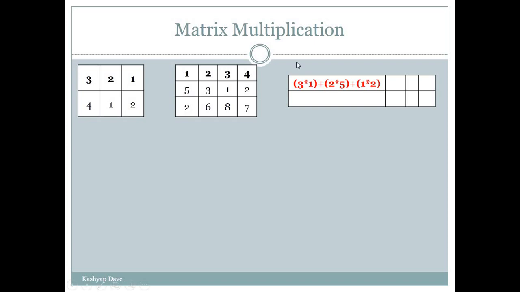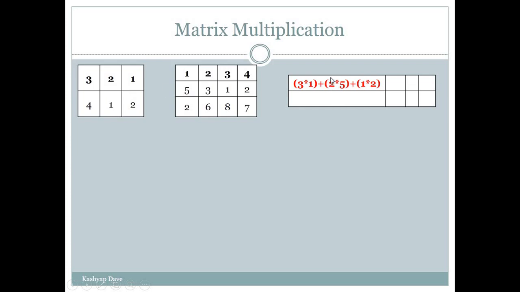Here we have to consider this. To find this first value, we multiply the first element of the row with the first element of the column, so we multiply 3 with 1, plus the second element of the row and second element of the column, 2 into 5, plus the third element of the row and third element of the column, 1 into 2.